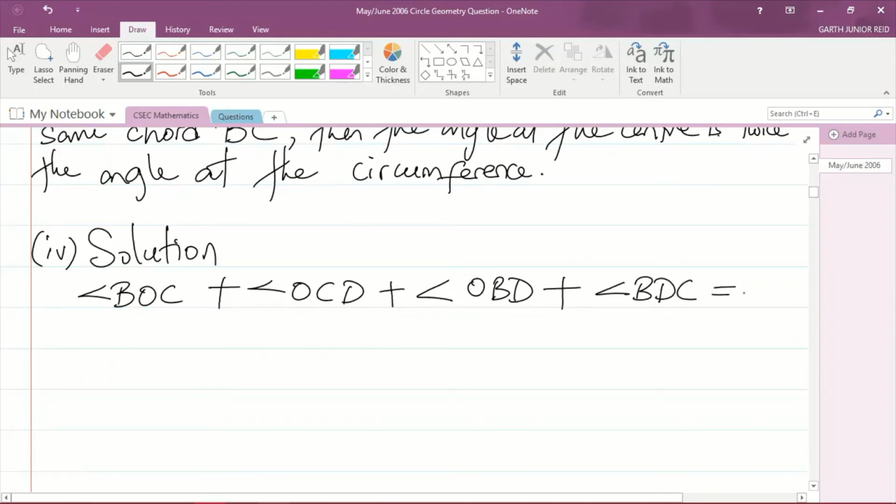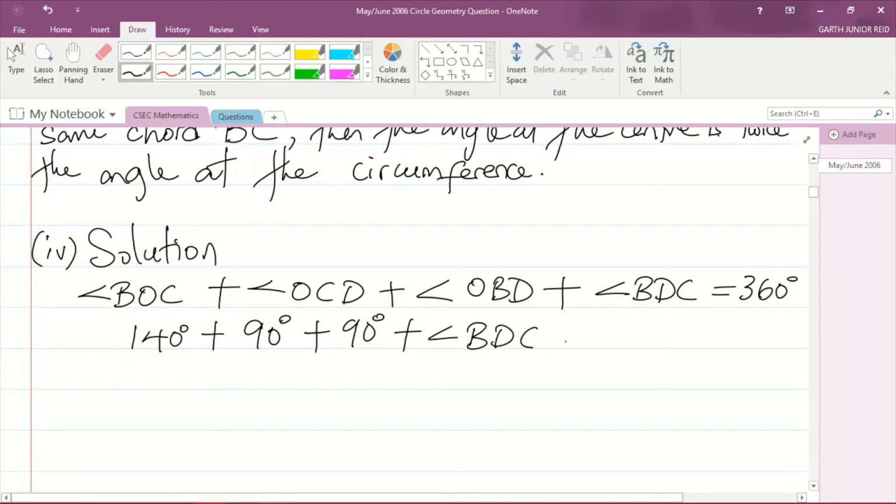When we add all of that, we're supposed to get 360 degrees. Okay? So the angle BOC was 140 degrees. The angle OCD was 90 degrees. The angle OBD was also 90 degrees. And the angle BDC, which you don't know, that's what we're trying to find, right?